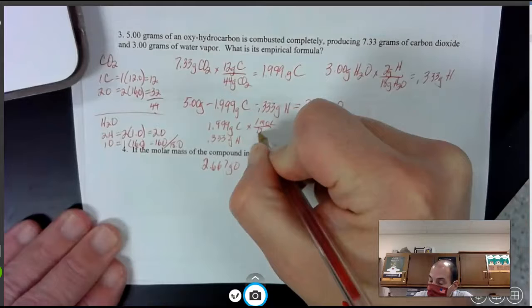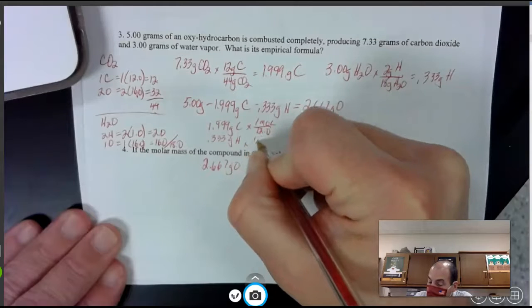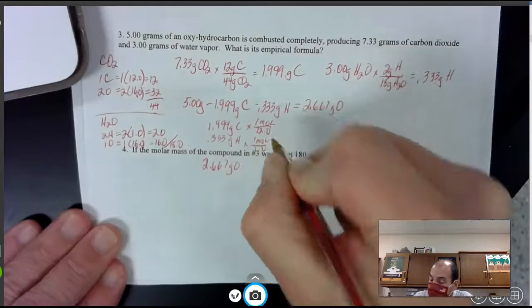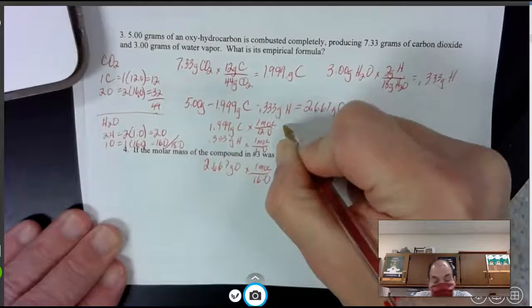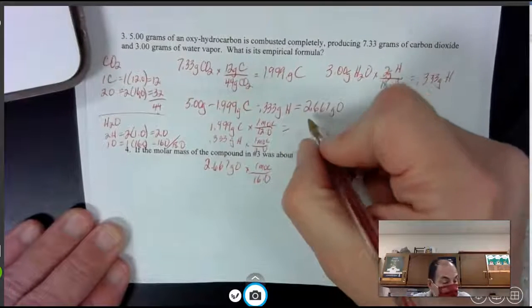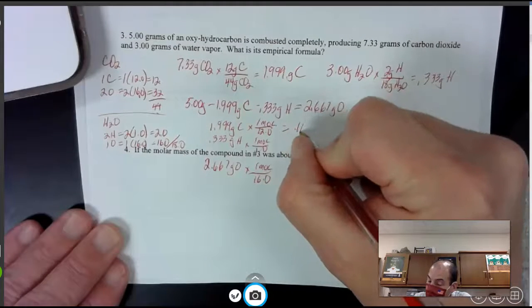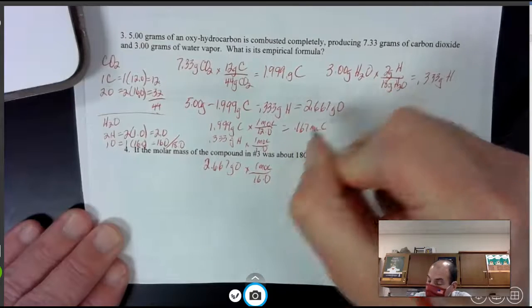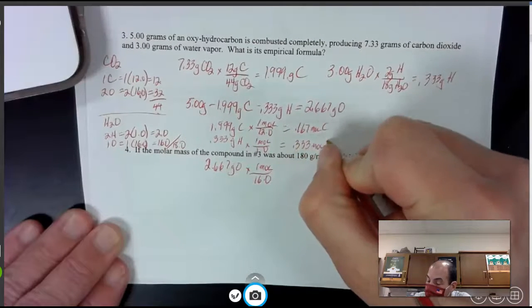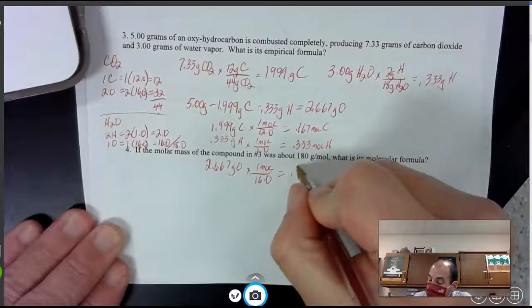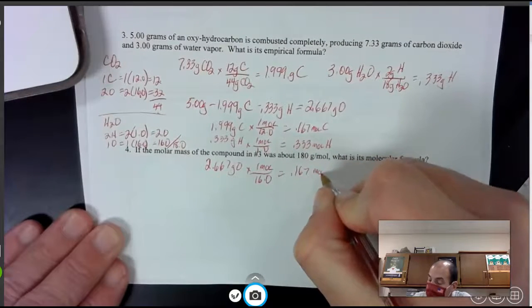Carbon's molar mass is 12, hydrogen's is 1, oxygen's is 16. All right, so we end up with around 0.167 moles of carbon, 0.333 moles of hydrogen, and 0.167 moles of oxygen.